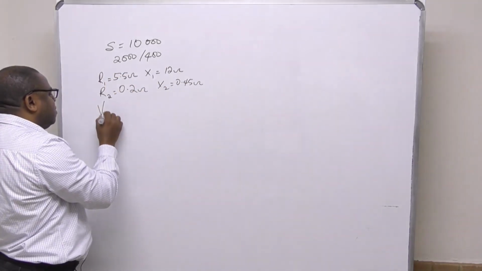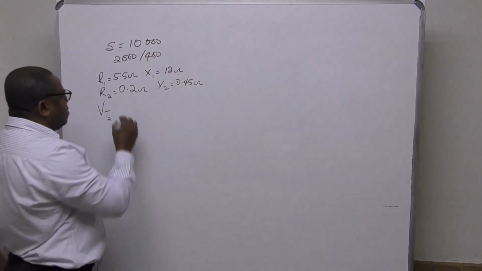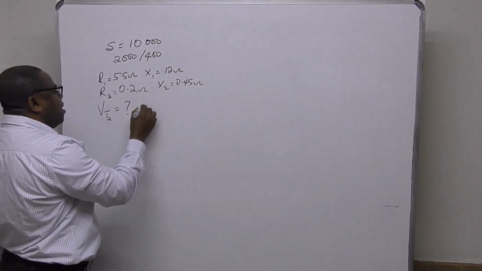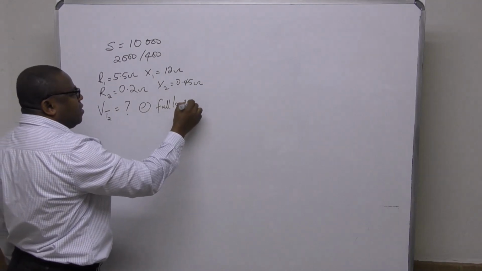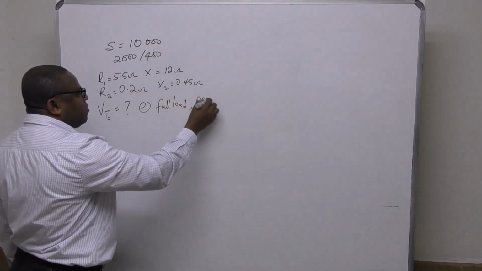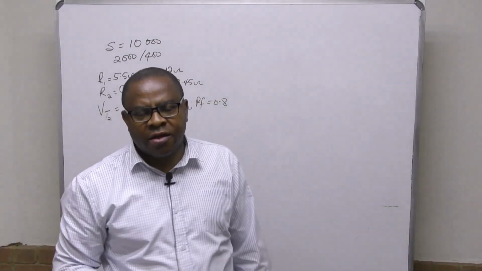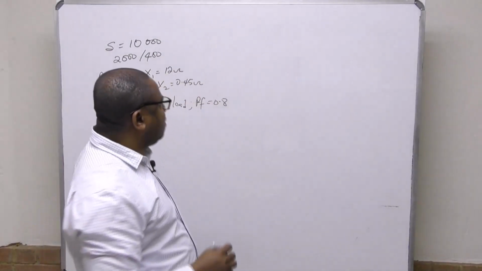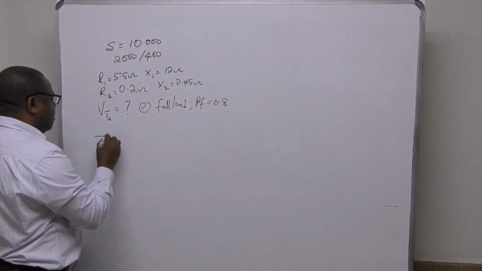Determine V2 terminal, at full load and power factor 0.8. Okay, so now what we do now is we just sketch the transformer. We're supposed to have it like that.